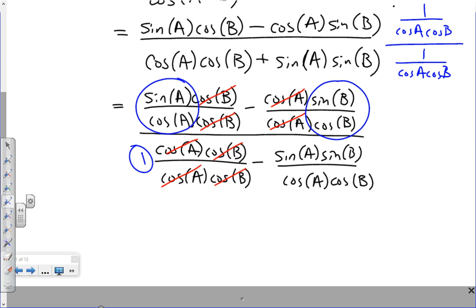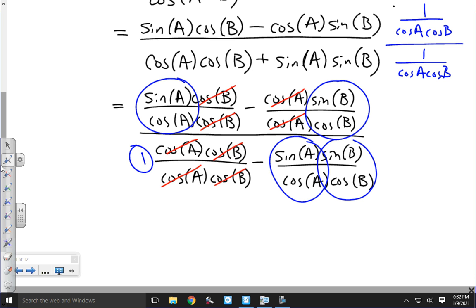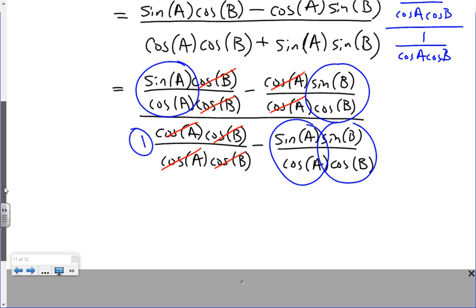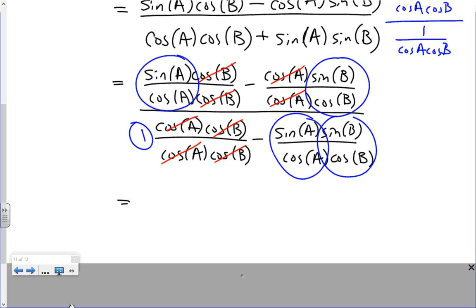And here I've got sine of A over cosine of A. That's a tangent of A. Here we've got sine of B over cosine of B. That's tangent of B. So we can use all of that to rewrite this now in the following way. So the first part here, we're left with just the tangent of A. In the second part, we're not adding, we're subtracting there.